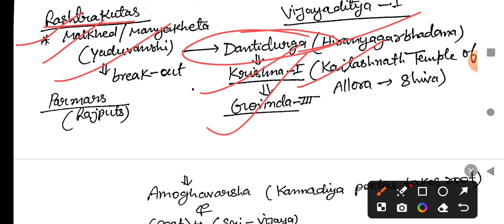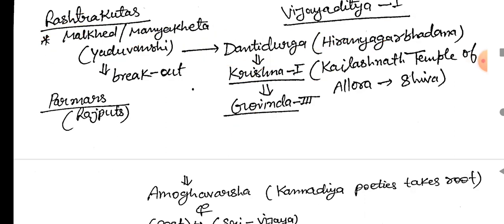After Krishna I, Govinda III came. The Kailasanatha temple of Ellora was built by Krishna I, so you need to remember this.